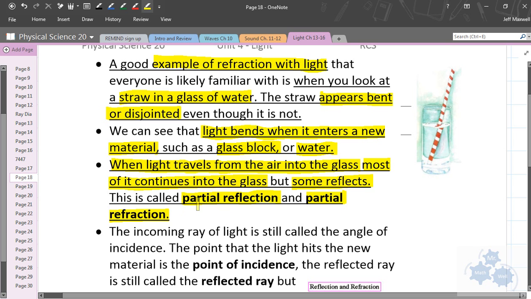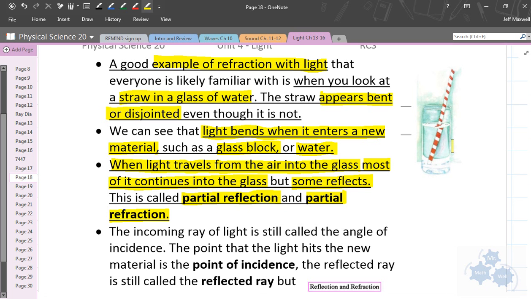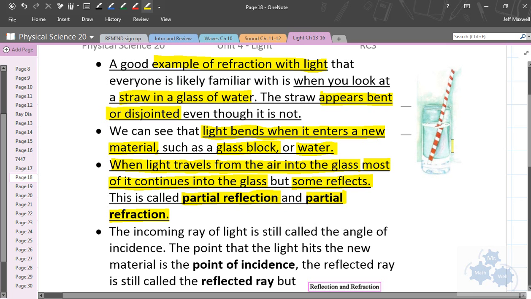So we have part of the light rays coming out and bending, and some of the light rays bouncing back in. The next time you look at a glass, you will also see a faint image of the straw inside the water bottle or inside the glass. And that faint image of the straw is part of that partial reflection. Partial reflection and partial refraction.